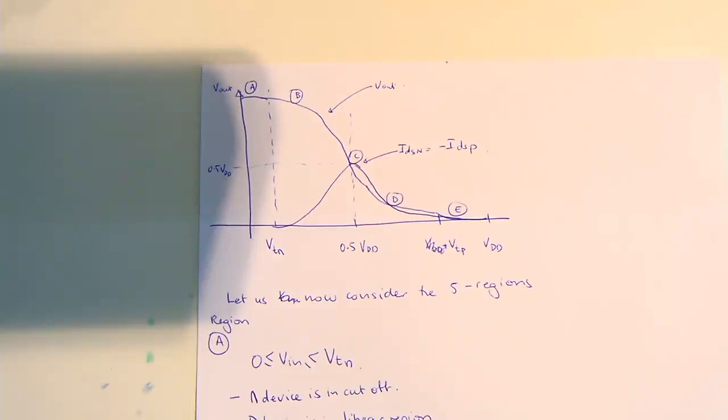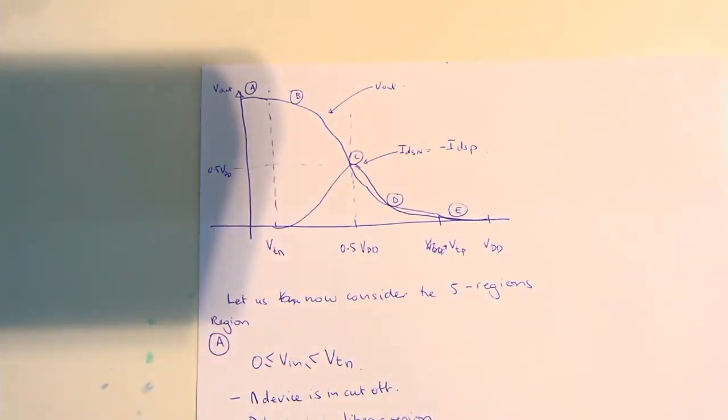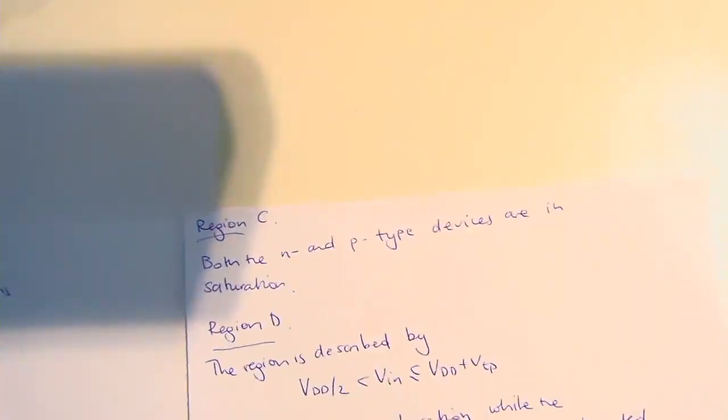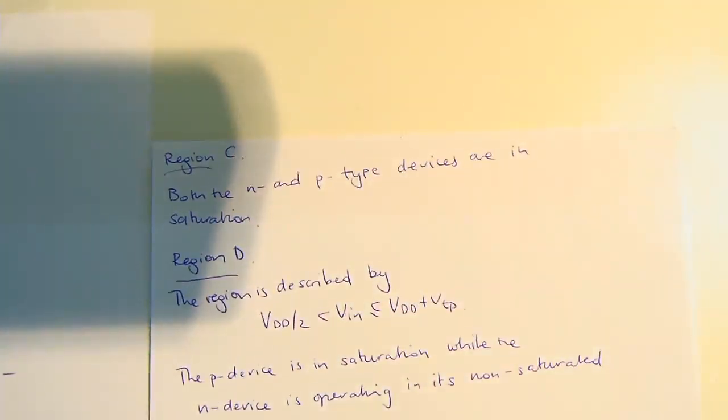Right. Okay. Now what we want to look at is what happens at exactly this point C. In region C, both the N and P type devices are in saturation, and that's the point where you get maximum current through the device.